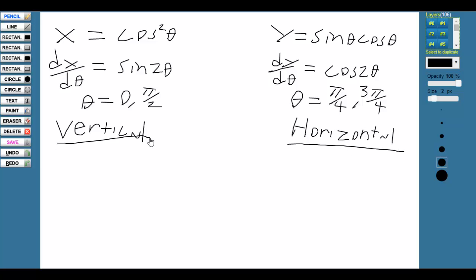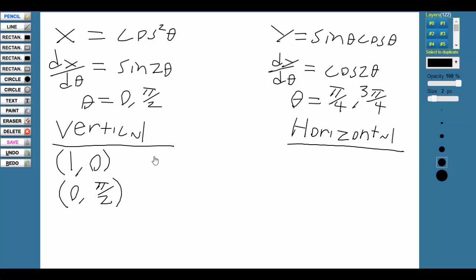So then you can plug in thetas to your original equation, r equals cos θ. When you plug in 0 to r = cos θ, you get 1. So (1, 0). And when you plug in π/2, you get 0. So you'll have (0, π/2). And at these two points, there is a vertical tangent line.